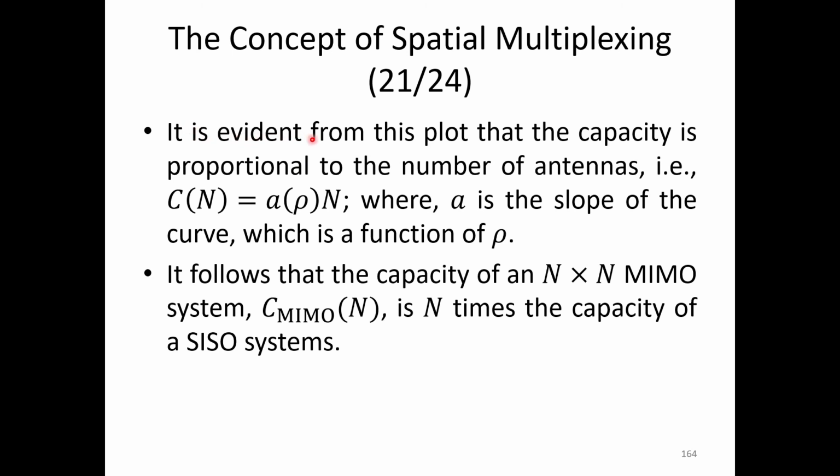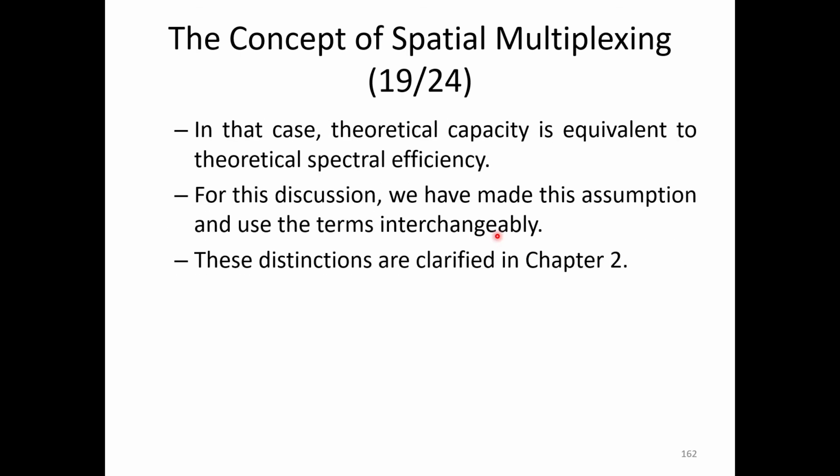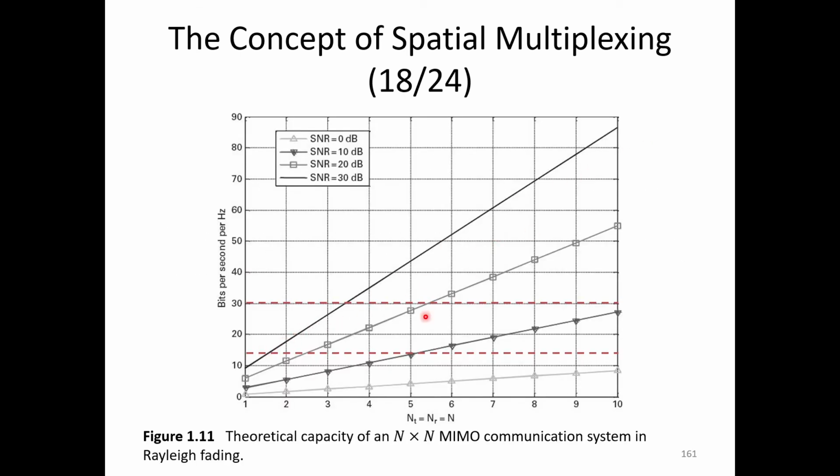It is evident from this plot, that is, this plot gives us evidence that the capacity is proportional to the number of antennas. That is, C of n, this is the capacity, is equal to A of ρ times n, where A is the slope of the curve, which is a function of ρ. You can see that the slope of the curve is a function of ρ.